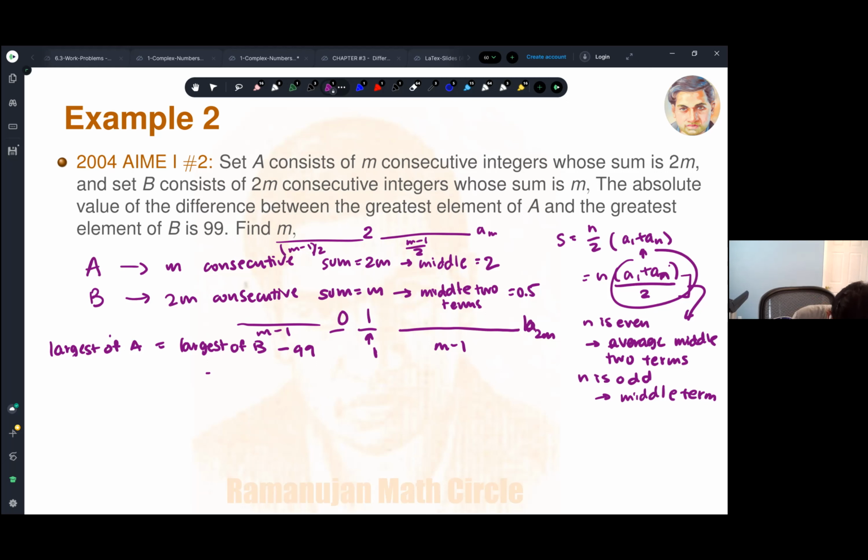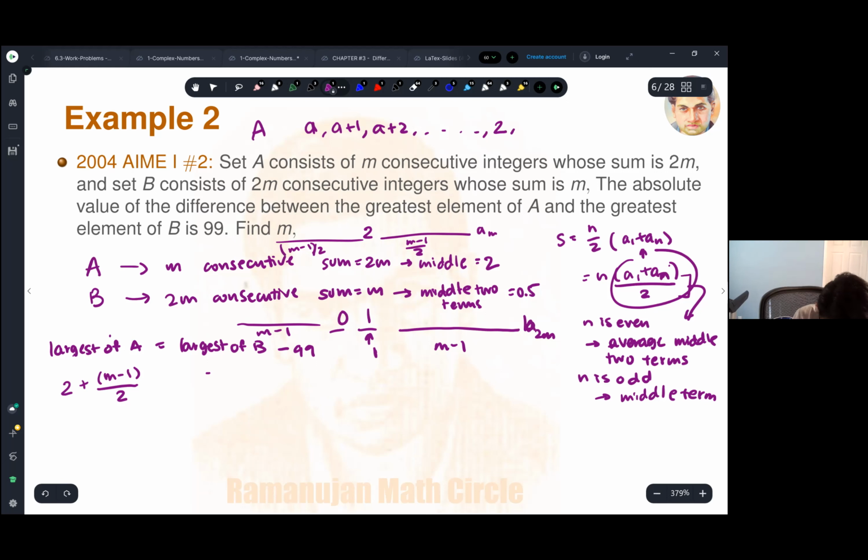And so the largest value of A would go from the middle term, and then you'd add m minus 1 over 2 because there's that many terms left over, because it's m consecutive numbers in the A sequence. So it's like A_1, A_2, so on and so forth, and then we have 2 somewhere in the middle, and then we have the (m plus 1) over 2 term, so on and so forth, till A_m. So that's how our sequence looks for A.